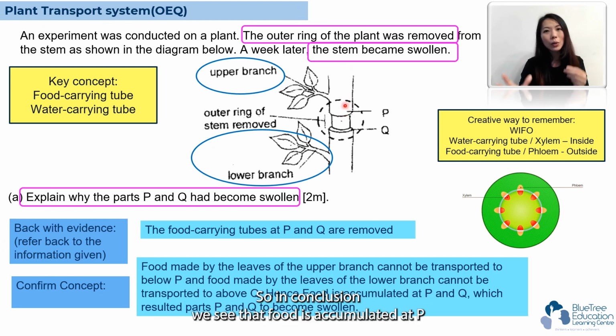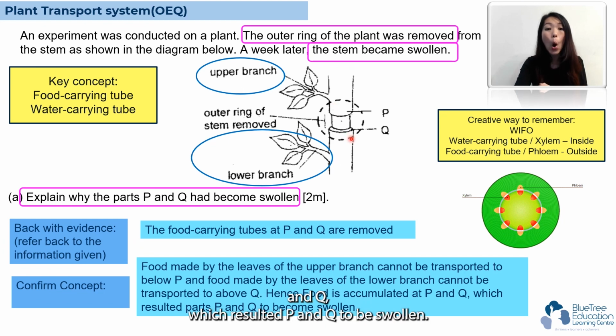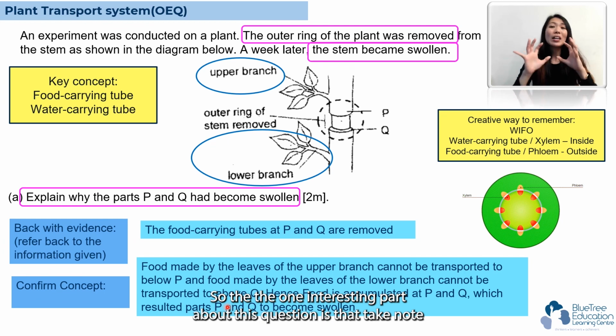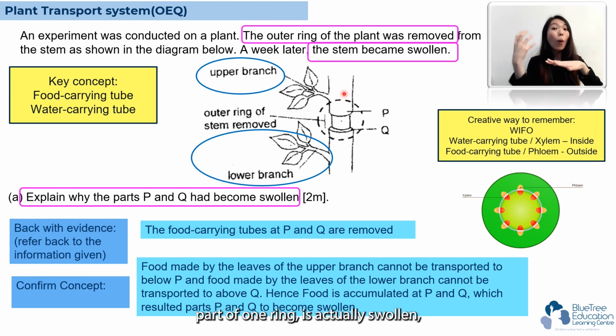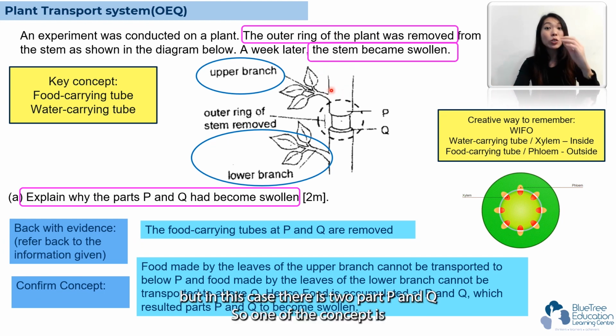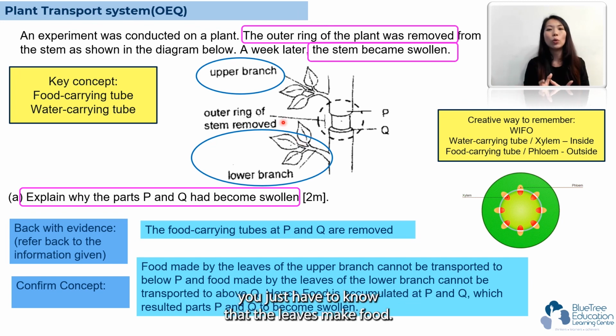So in conclusion, we say that food is accumulated at P and Q, which resulted in P and Q being swollen. The one interesting part about this question is that, take note, most of the time the question will ask you only one part, where the outer part of the ring is swollen. But in this case, there are two parts, P and Q. One of the concepts is you just have to know that the leaves make food.